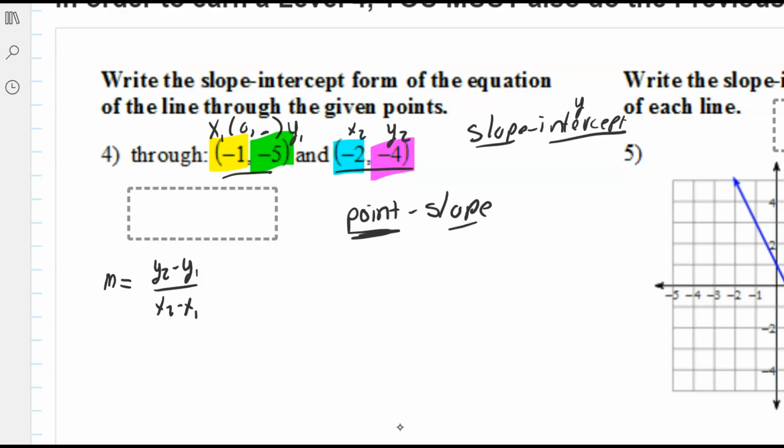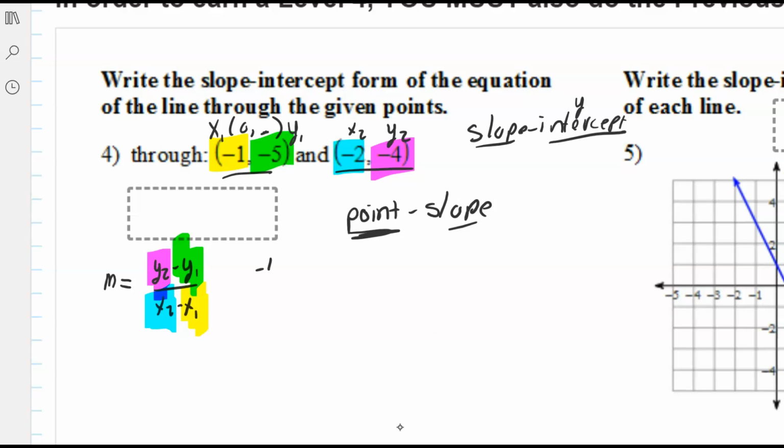First point, second point. So I'm going to match it up with this. The first one, negative 1, is x sub 1, which is here. Then we've got the green one, which is y sub 1, which is here. Then we've got the blue one, which is x sub 2, which is here. And the purple one.